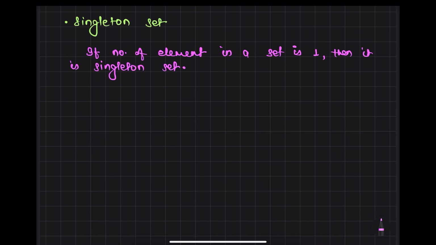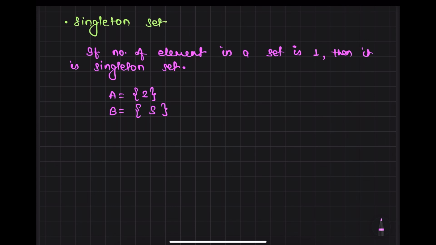Suppose that I have asked you to write down the even prime numbers, so you will respond this way. Suppose that I am asking you to write down the initial letter of your name. So what will you write? Sir, my name is something. What is the first letter of something? S. So it is also singleton set.